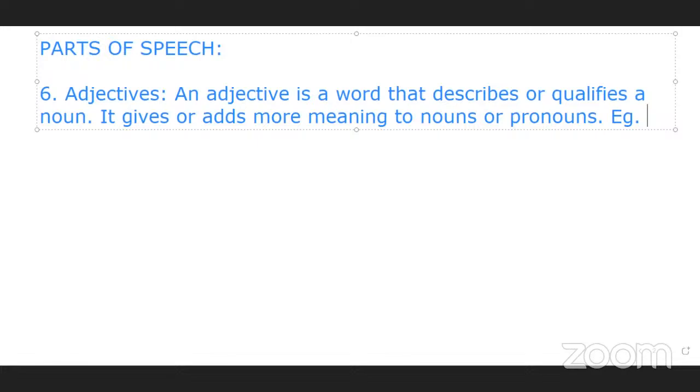All right. So as I was saying, an adjective is a word that describes or qualifies a noun. It gives or adds more meaning to nouns or pronouns.